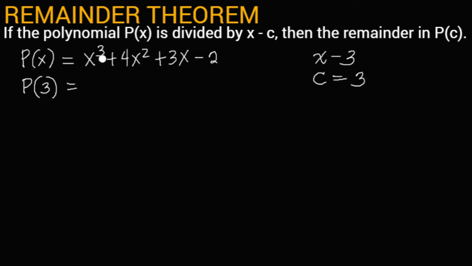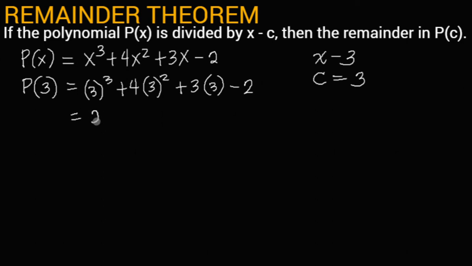What does it mean? You have to replace all the x's here by 3. Okay? Meaning, yung x dito, papalitan ng 3, then raised to 3, plus 4, and then yung x again, papalitan ng 3, then raised to 2, then plus 3, times 3 again, minus 2. Okay? Next, what is 3 raised to 3? That is equal to 27. Tama?